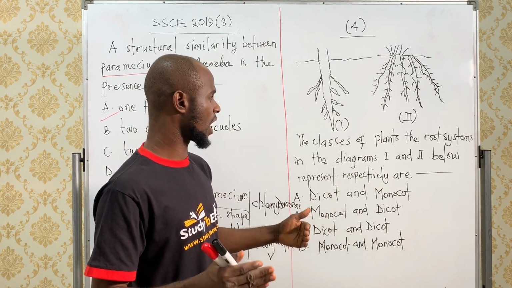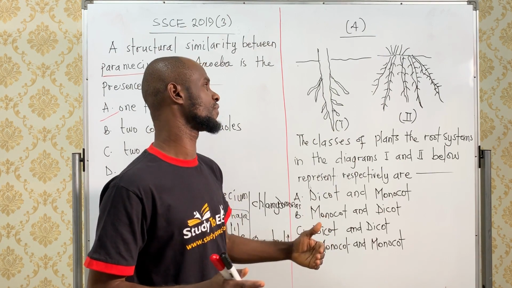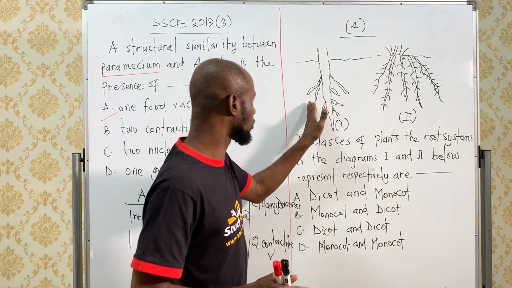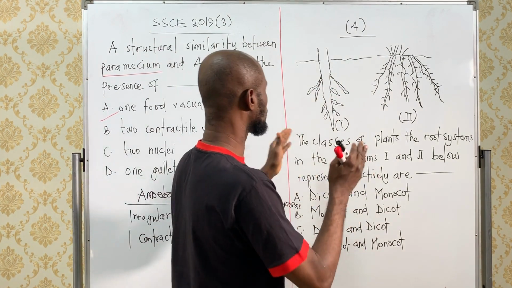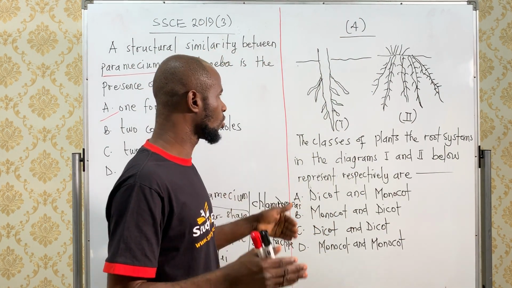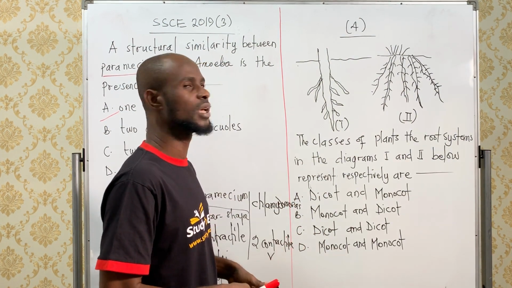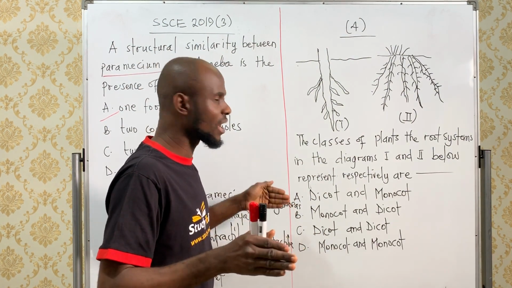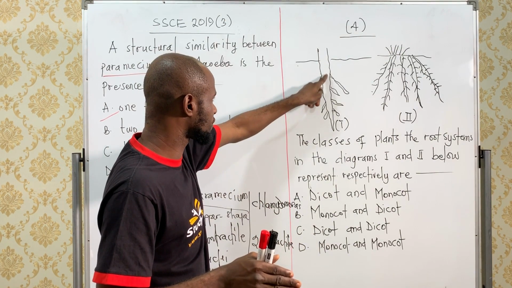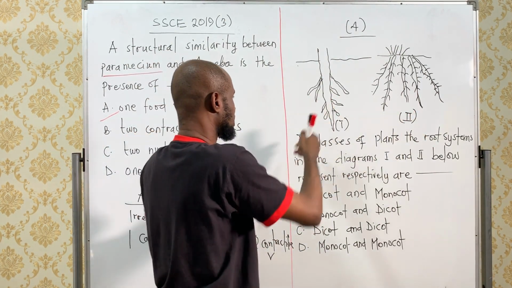We have the fibrous root and the taproot. Which one is fibrous, which one is taproot? We have a taproot when the root is elongated and grows vertically down the soil with lateral extension.